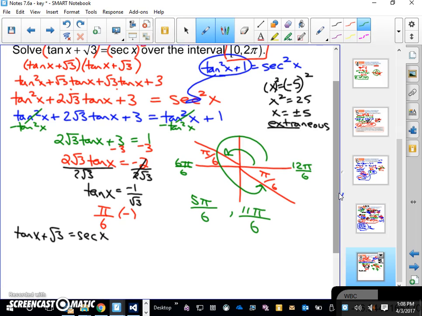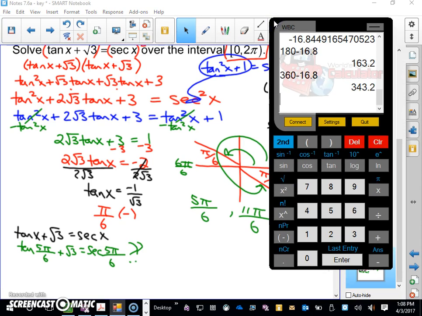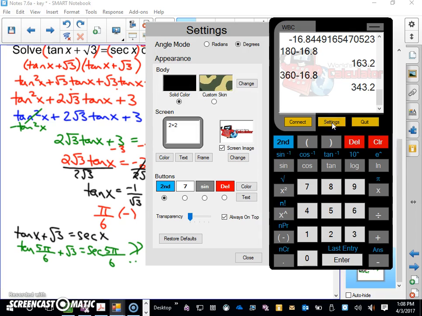So 5 pi over 6. Let's try 5 pi over 6. Tangent 5 pi over 6 plus the square root of 3 is supposed to equal secant 5 pi over 6? Question mark, because we don't really know if that's true or not. So you can do this by hand if you want, but since we're just checking our answers, we might as well use our calculators. Put it in radians.